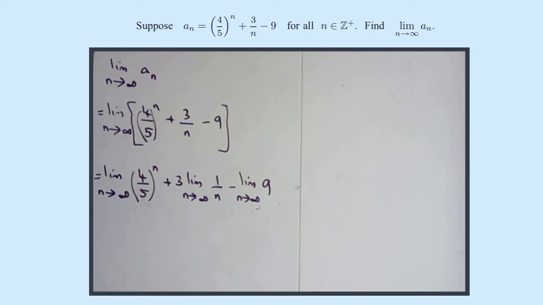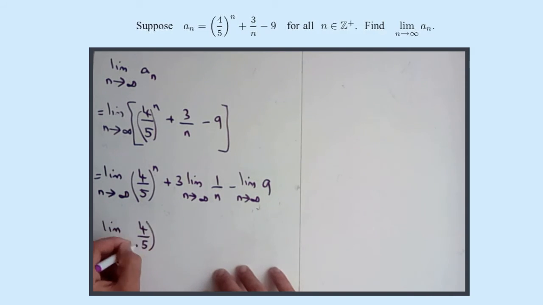Imagine 4 to the power 20 over 5 to the power 20. The 5 to the power 20 is going to be so much bigger that it completely wipes out the top and makes the number really close to 0. So the limit as n approaches infinity of (4/5)^n equals 0.